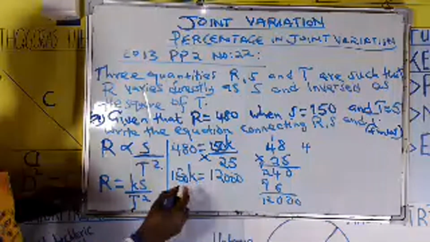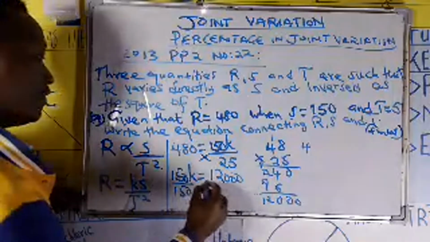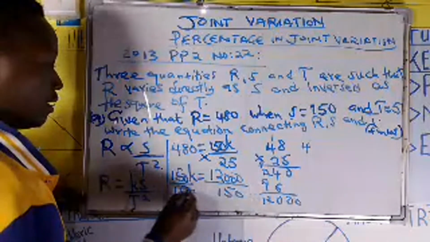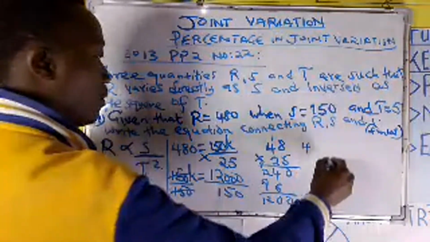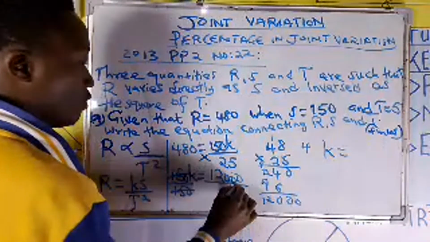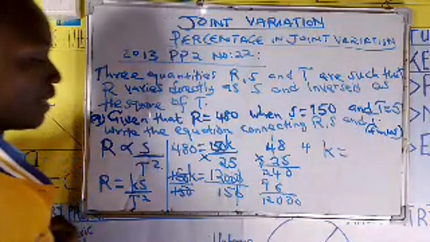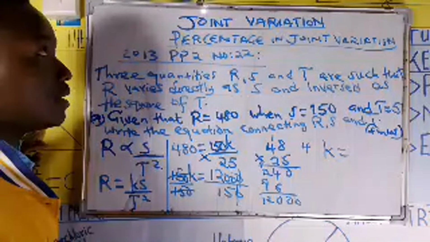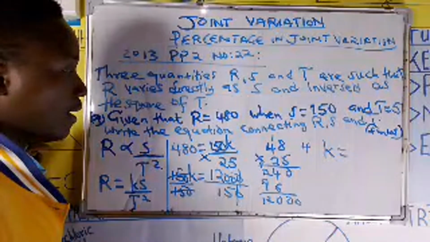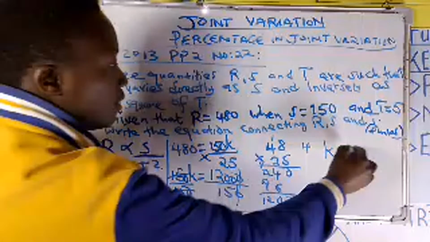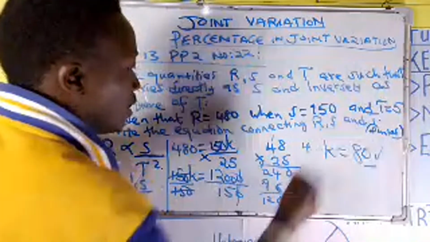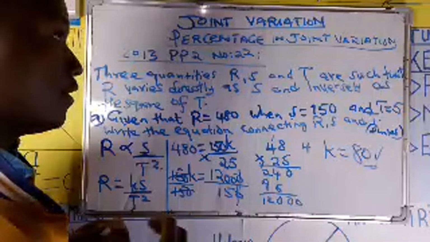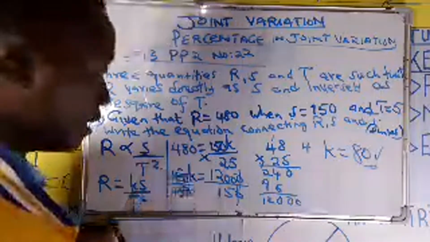So for us to get K, we will divide both sides by 150. And once we simplify, we get K equal to 1200 divided by 15. It is going to be 80, because 15 times 80 is 1200.